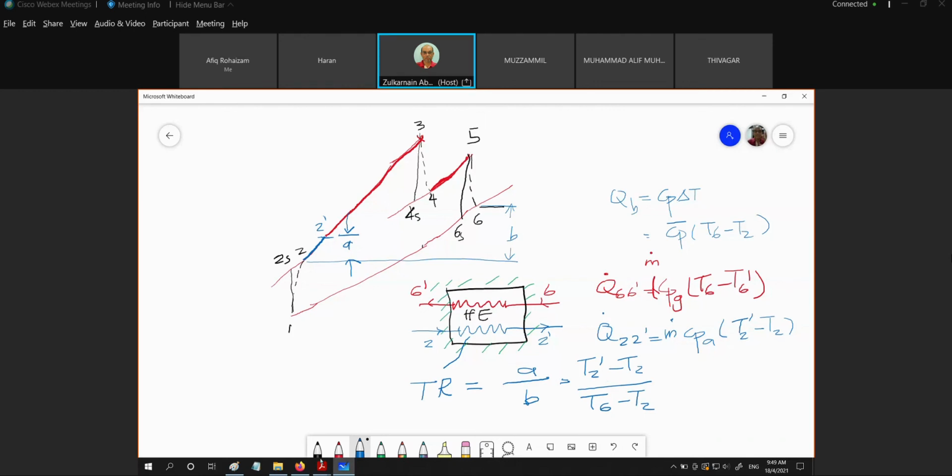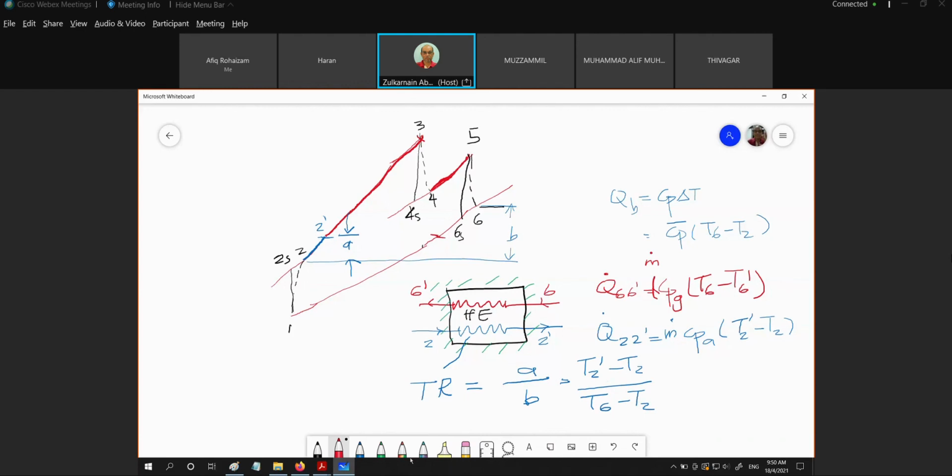If we have a thermal ratio less than 1, then point 6 prime should be in between these two values, and usually we sketch it at par with T2 prime.